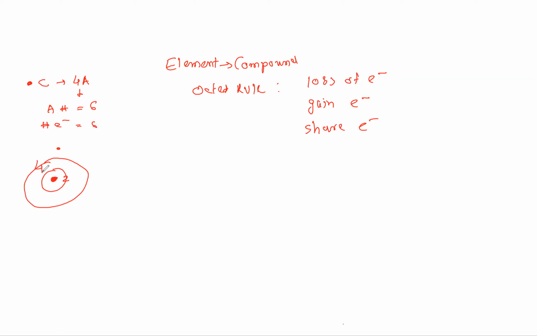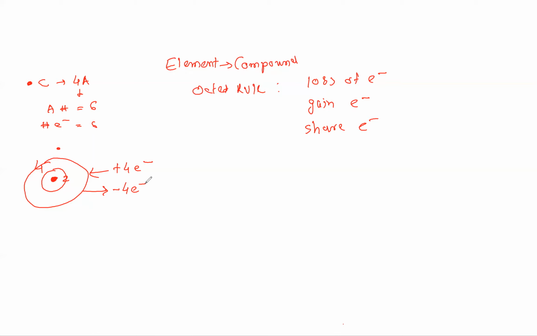So as we already know, losing electrons and gaining electrons, how does it work? Either this carbon has to gain 4 electrons to achieve its octet, or it has to lose 4 electrons to achieve its octet, right? You guys understand this, right? Yes.